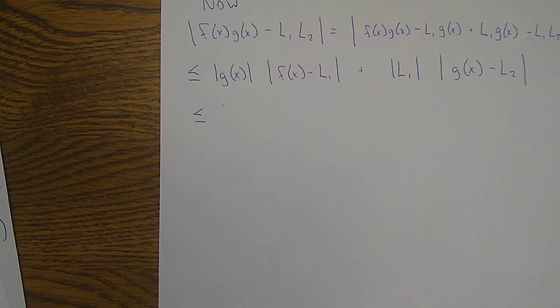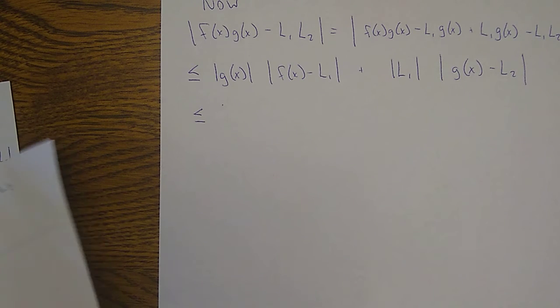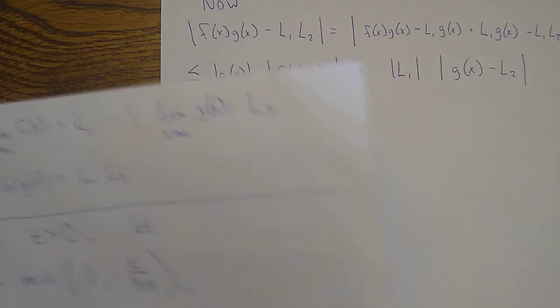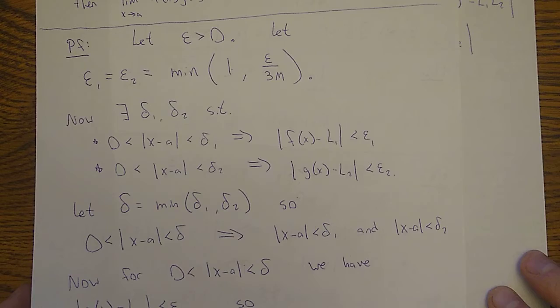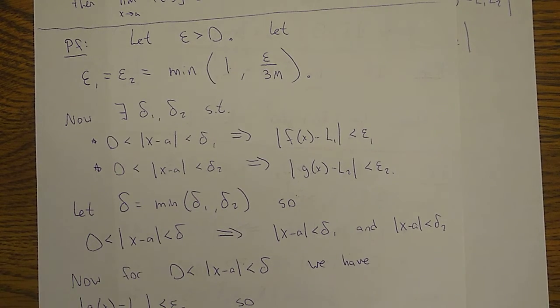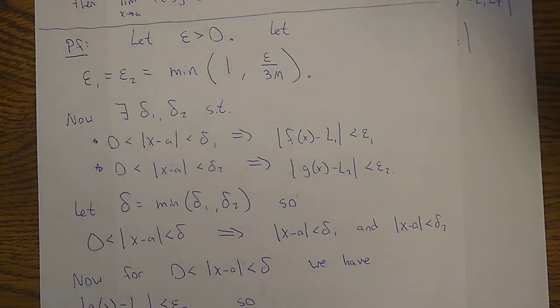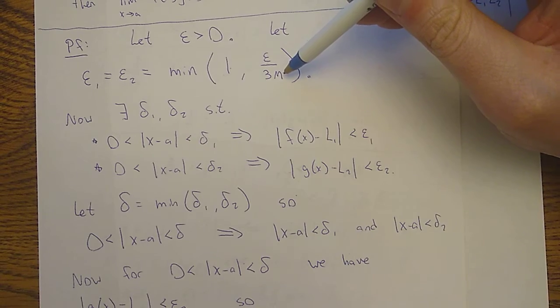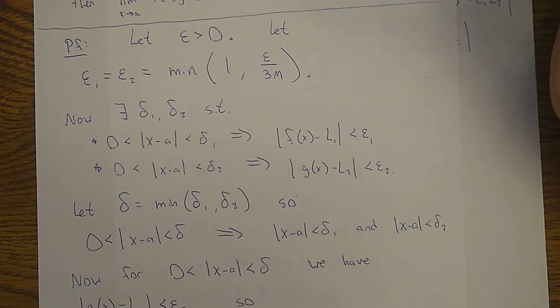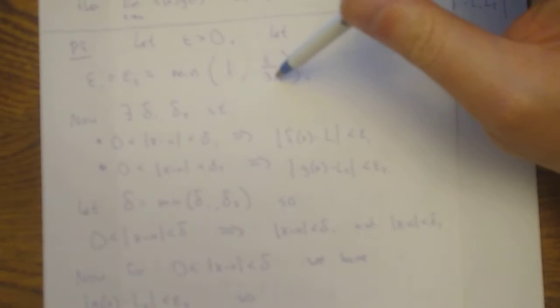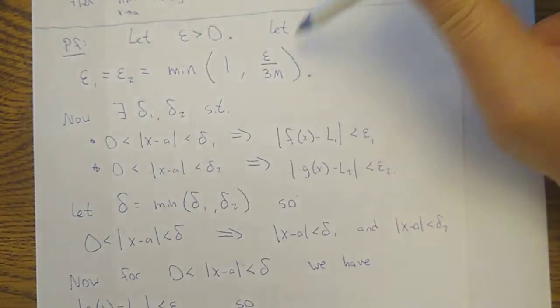But now I'm just thinking a little bit. I made something that needs to be fixed here. I never said what M was. Of course, we said what M was in the scratch work, but I never said what it was in the proof, so that's bad.